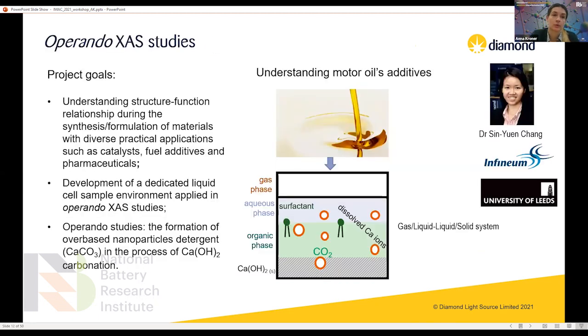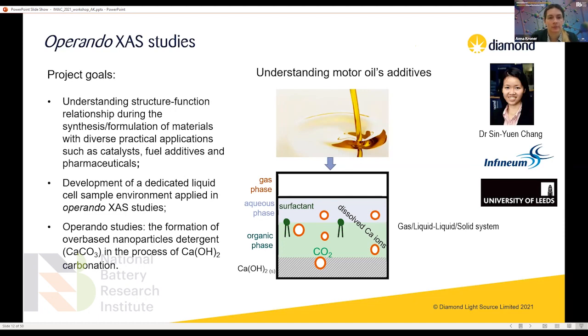Right. So I have two case studies prepared where X-ray absorption spectroscopy is used for industrially relevant systems and processes. The first one was based on collaboration between Infineum and University of Leeds, and Diamond. Sinuan was a postdoc with us for a period of 3 years.